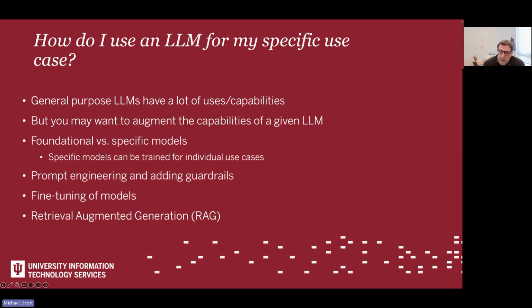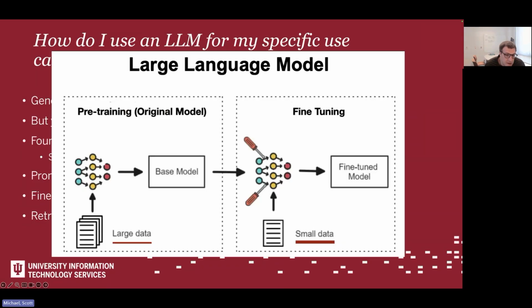In order to provide specific answers, or hone in on the data that you're most interested in, you can replace just small portions of that model, and then the results that you get will be much more in line with your expectation.